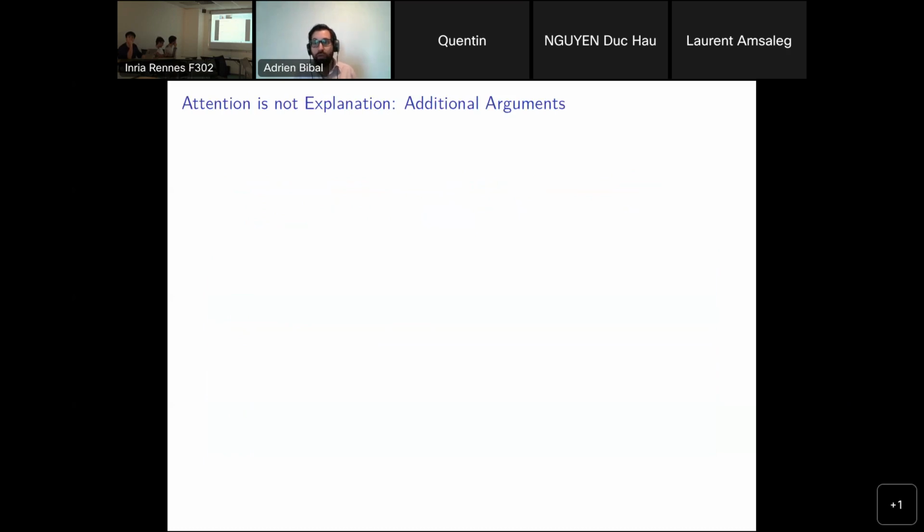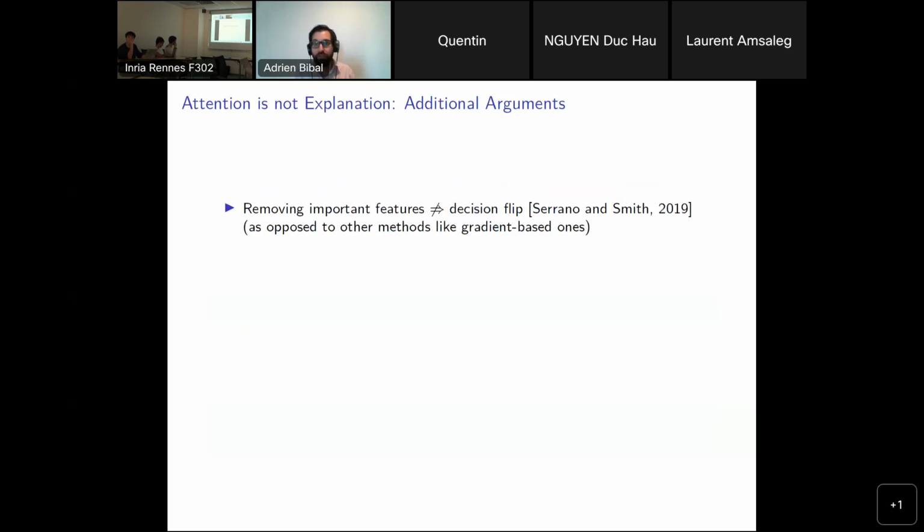So the first pocket that I will mention here is the additional arguments that are provided against attention use as an explanation. Our first paper, from Serrano and Smith, showed that if you remove the features that are said to be important by the attention mechanism, it does not always lead to a decision flip.